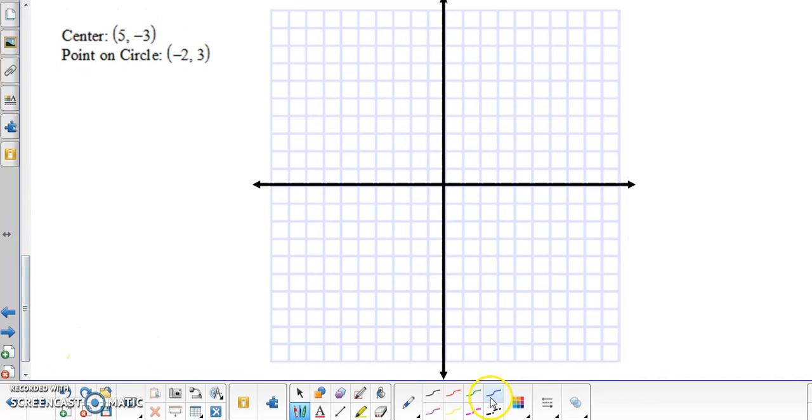Last one. So center is at 5, -3. So 1, 2, 3, 4, 5, 1, 2, 3. So here's my center. My point on my circle is at -2, 3. So I'm going to go -2, up 3.